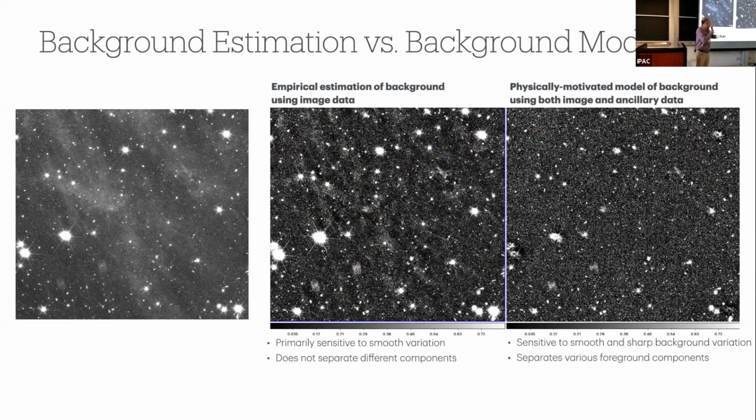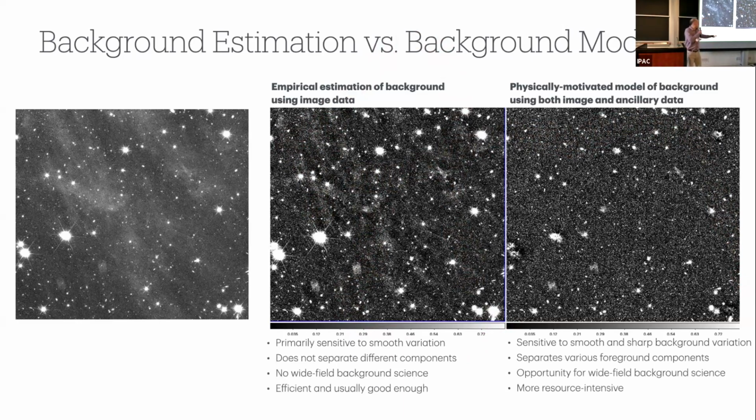And so the differences here, the empirical estimation is primarily sensitive to smooth variation across the image, whereas a physically motivated model can be sensitive both to smooth and more sharp variation within the image. So like diffraction spikes, galactic cirrus, we know has a particular shape. We can model those out and get a smoother overall image.